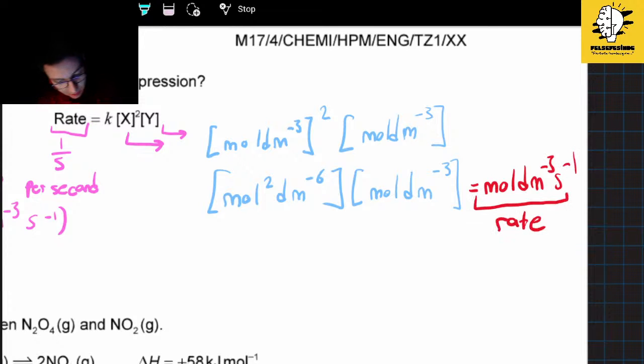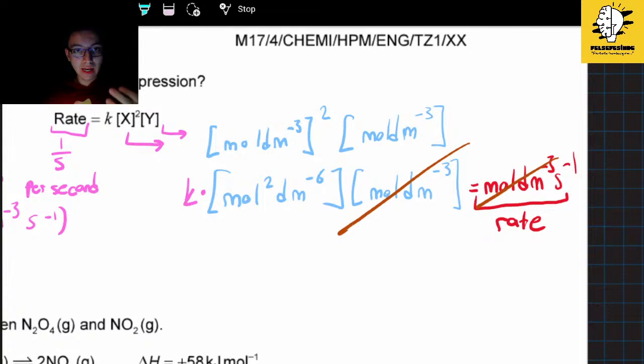We have to cancel this part of it, and we have the k here. So k should be such a canceling constant that it should have a unit such that only 1 over s is left on the other side.